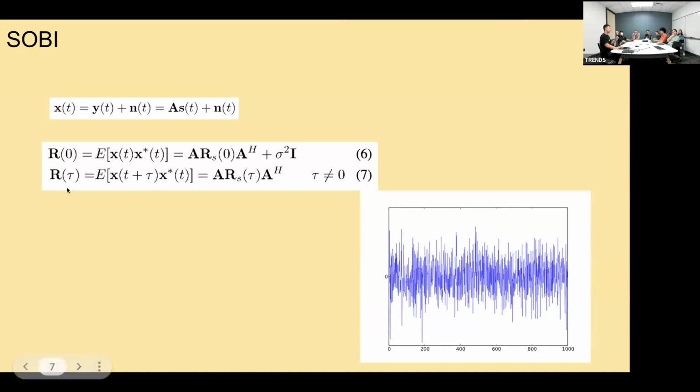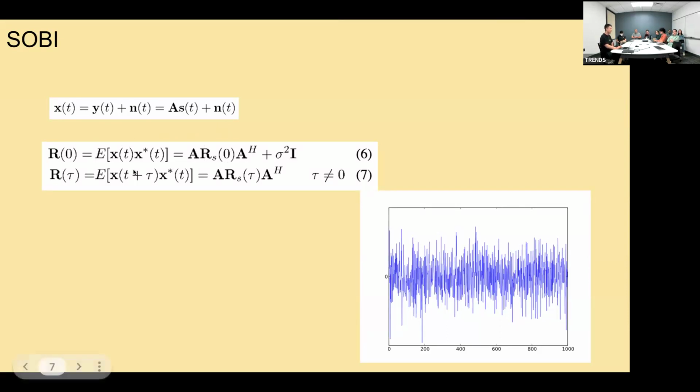Tau represents the time lag; tau equal to 0 means the covariance matrix, R0. In general, the BSS problem will have some noise, and the autocovariance method can, to some extent, avoid the error from the noise. Let's see how it does.